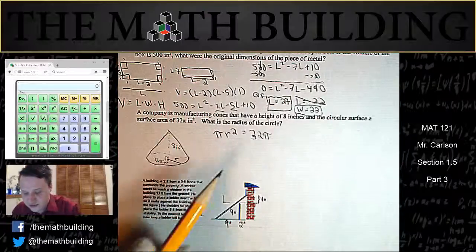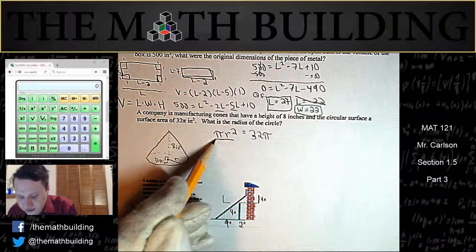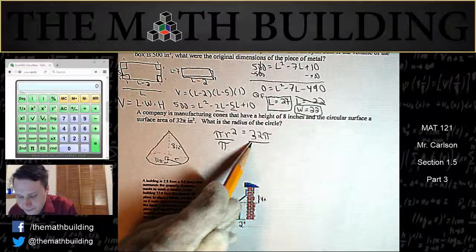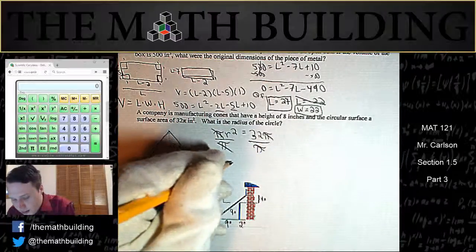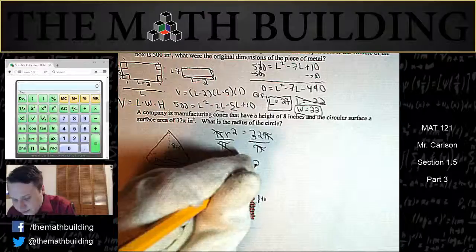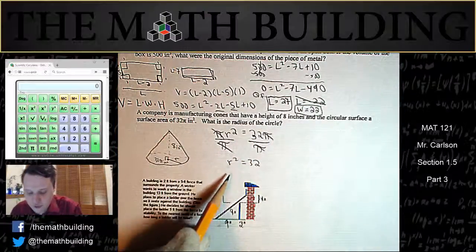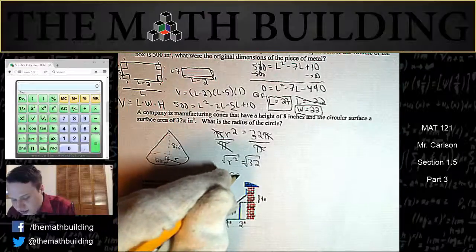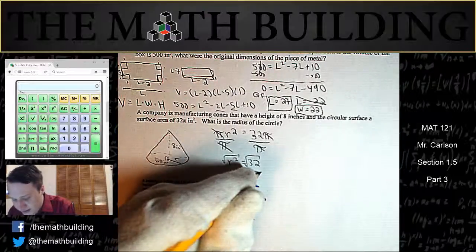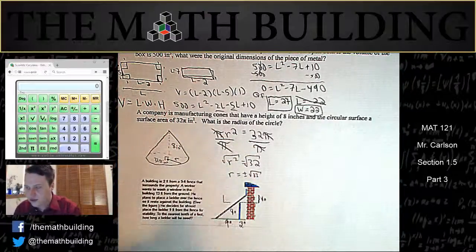It's easier than that. To solve this equation, first let's divide both sides by pi, which cancels them. So I get r squared is equal to 32. To go from r squared to r, we take the square root of both sides. So r is equal to the positive and negative square root of 32. Let's see what that is. 32, hit the square root button.